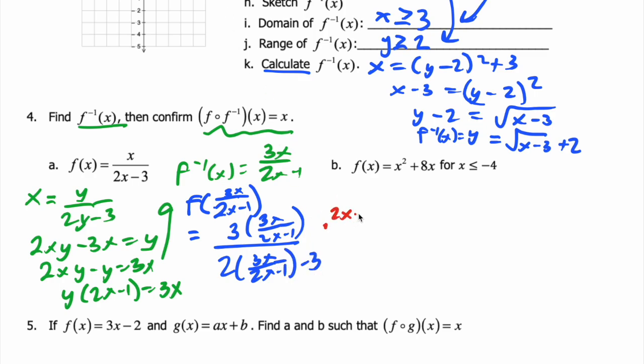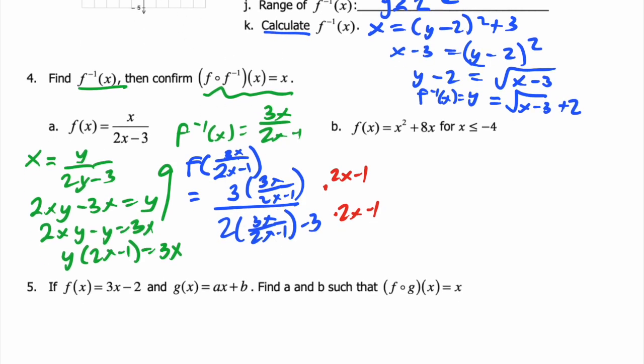Okay, and multiply numerator and denominator by 2x minus 1. And we get 3, that's 9x over, so that cancels and we get 6x minus 3 times 2x minus 1.